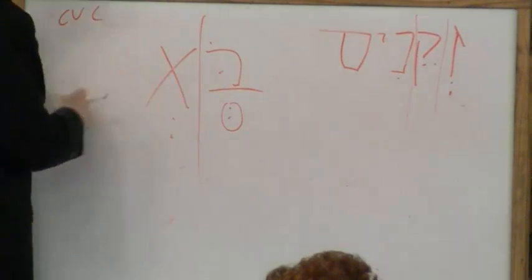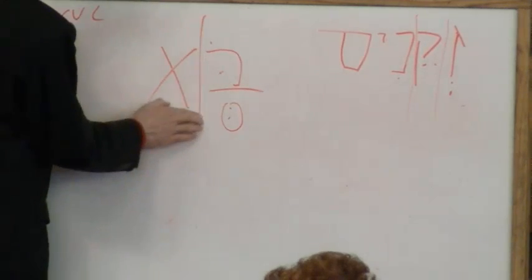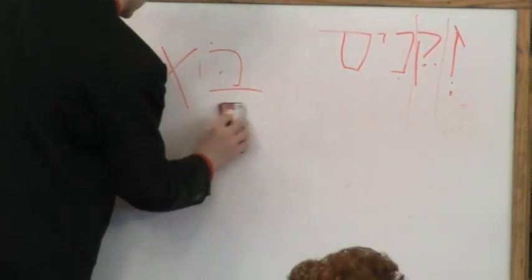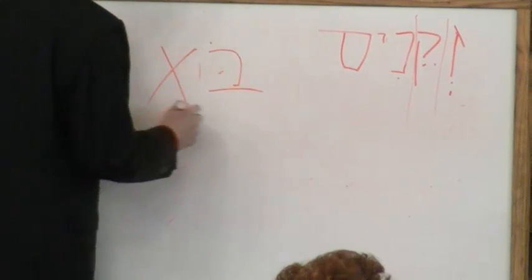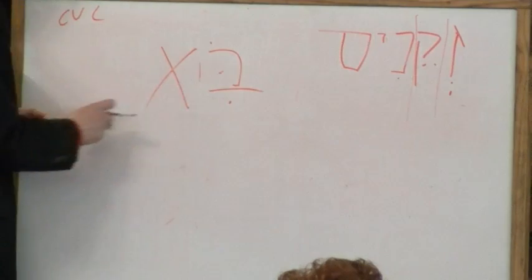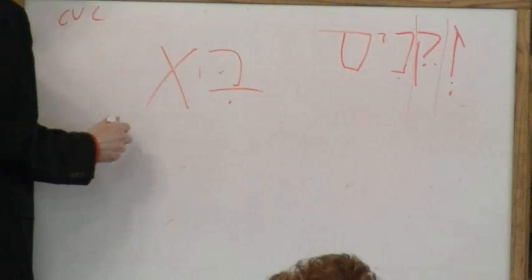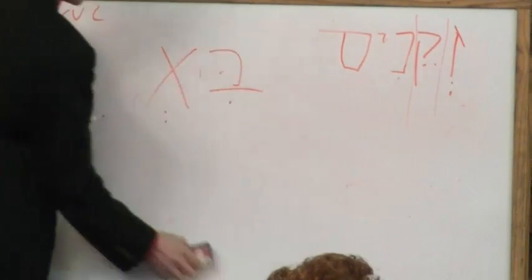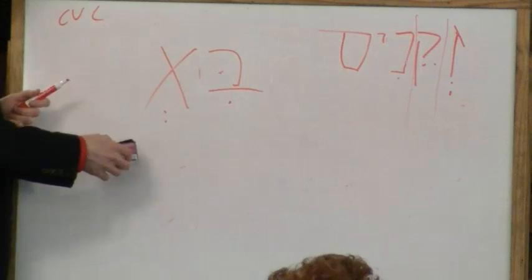So let's say this was one syllable here, okay? You're going to put a schwa underneath. Let's say this has a hireq or something. At the end of a closed syllable, you also will put a schwa underneath there, but it's a silent schwa. So it's kind of treated as if it doesn't exist.